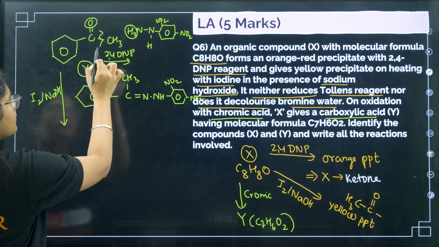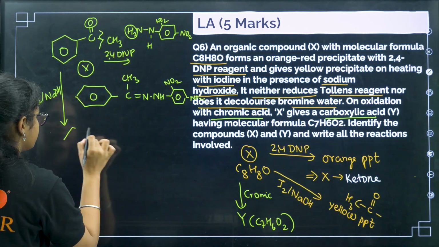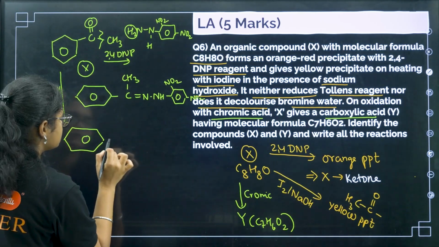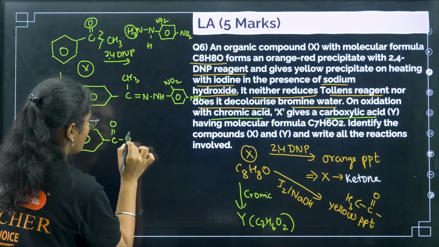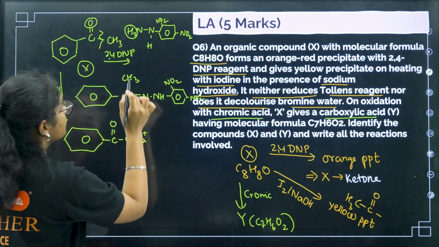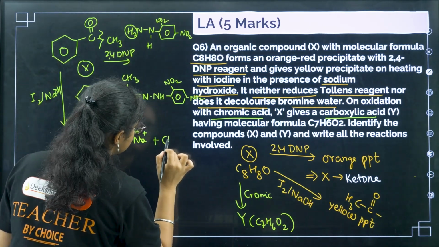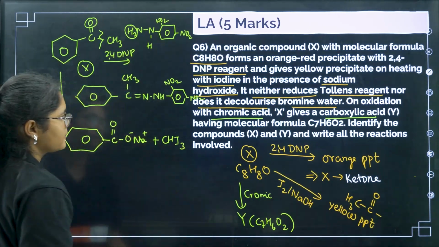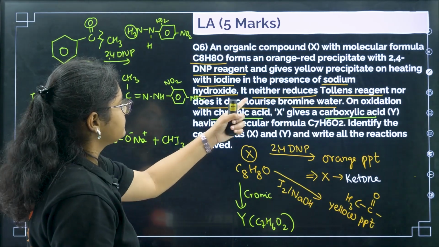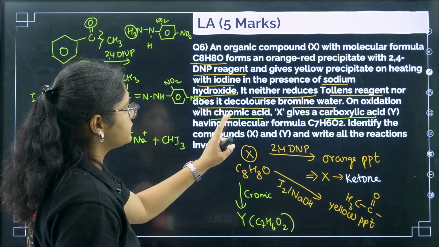So what will happen: this bond will break here and we'll get a salt, like this: C double bond O, O minus Na plus, and the other part will get converted to CHI3. Next, it neither reduces Tollens reagent, so that is no reaction.